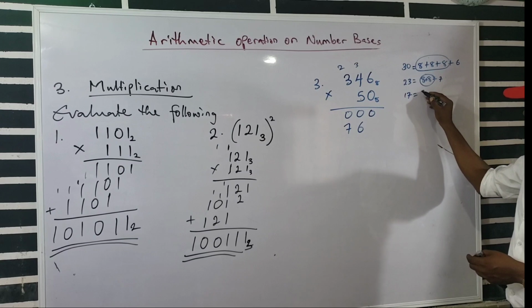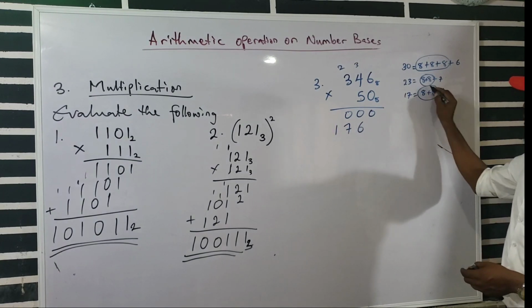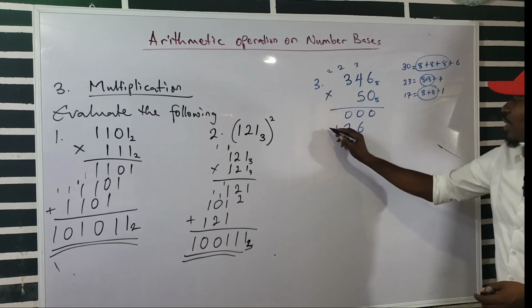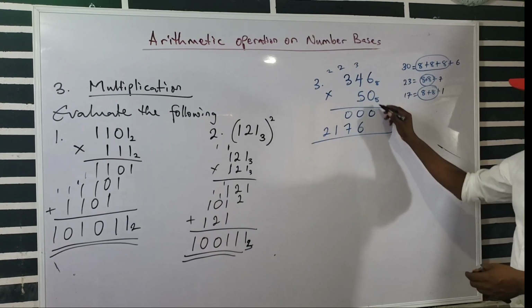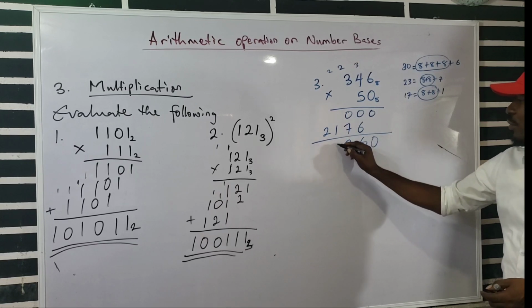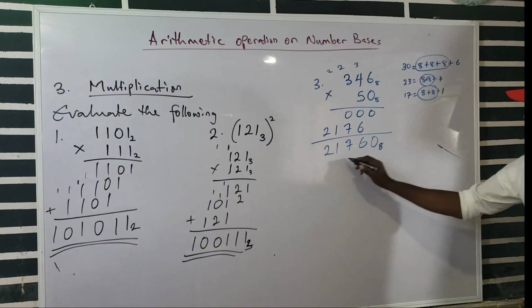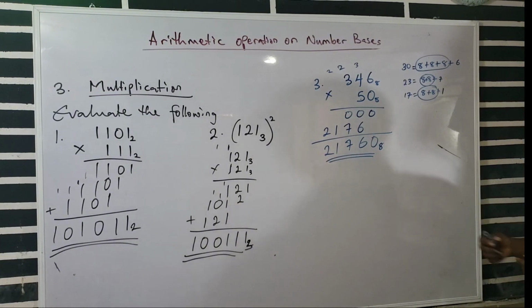You share it in 8, that will give you 8 plus 8 plus 1. So write 1 and we'll take how many? 2. So you bring down your 2. So you add. This one is very simple. 6, 7, 1, and 2 in base 8. So that's how to do that.